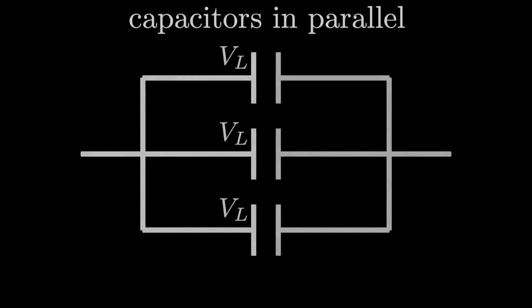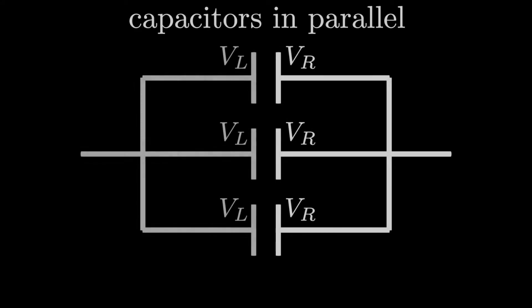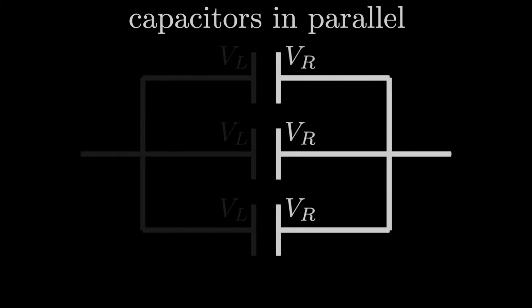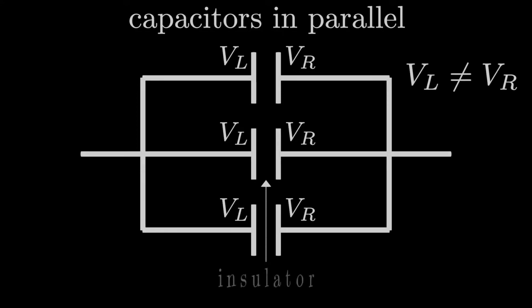A completely symmetric argument can be applied to the other side of conductors. There's only one caveat though, which is that while all of these plates might be at the same potential, and all of these plates might be at the same potential, the two sides don't necessarily have electric potentials that are equal to each other, because they're not connected to each other by a conductor. There's an insulator blocking the flow of charge between them. Of course, if everything here is neutral, then everything is at the same potential.